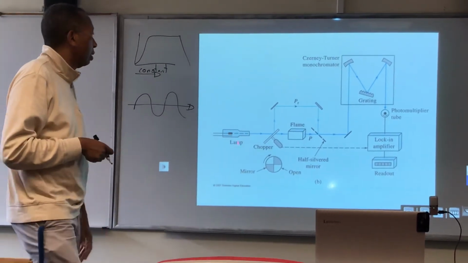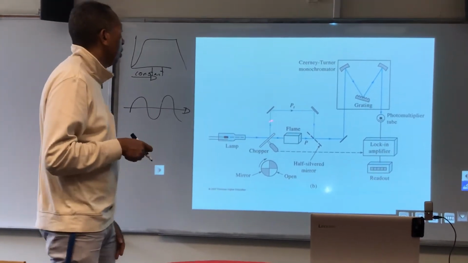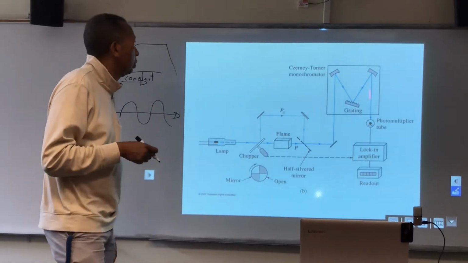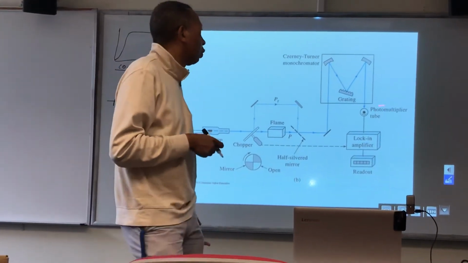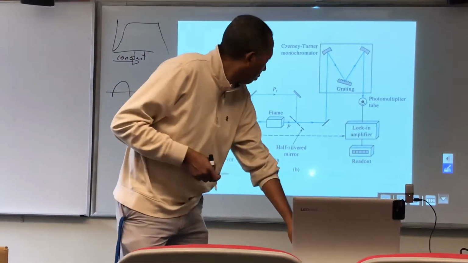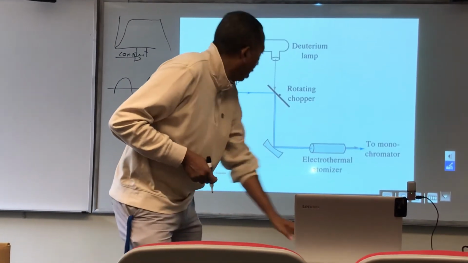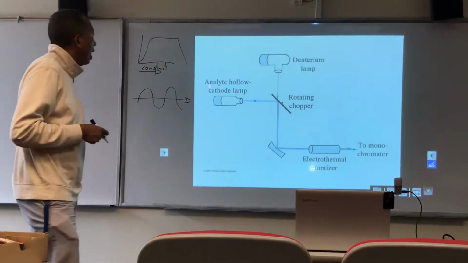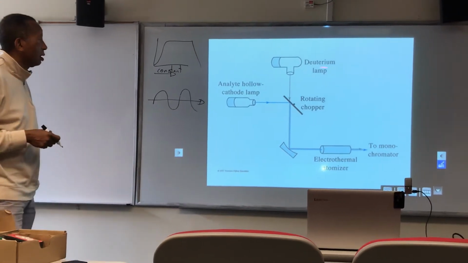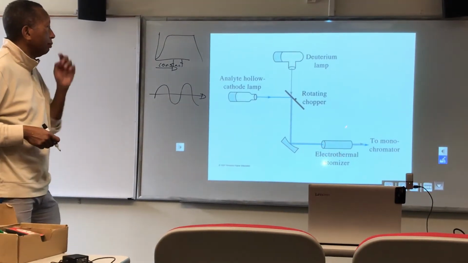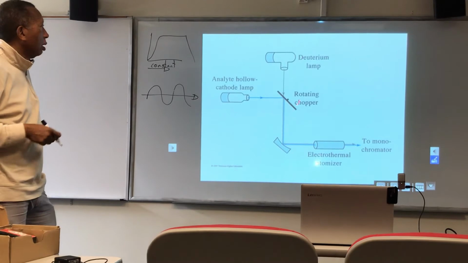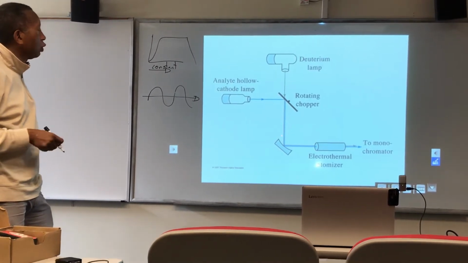The most common source is really the hollow cathode lamp. Then you show me this, then the chopper, then you have a photomultiplier tube, and you go from there. All right? We can also have, in some systems, a reference source, right?